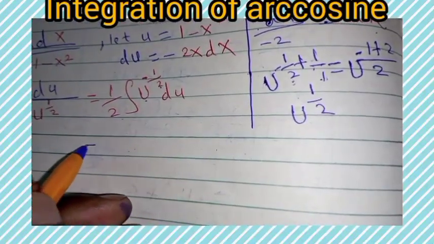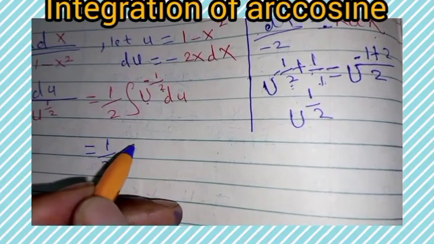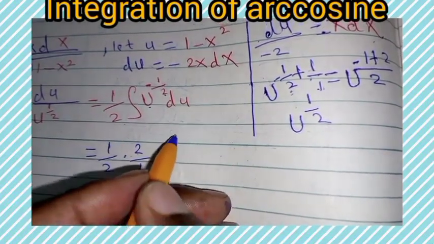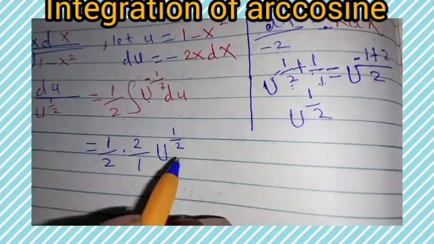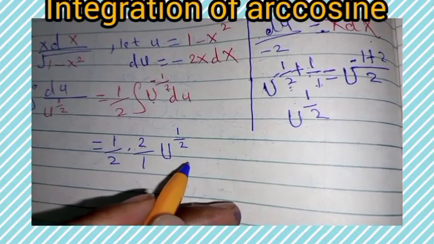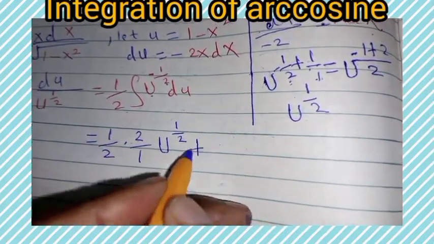So the result here will be half multiplied by 2 over 1, u power half plus constant c.